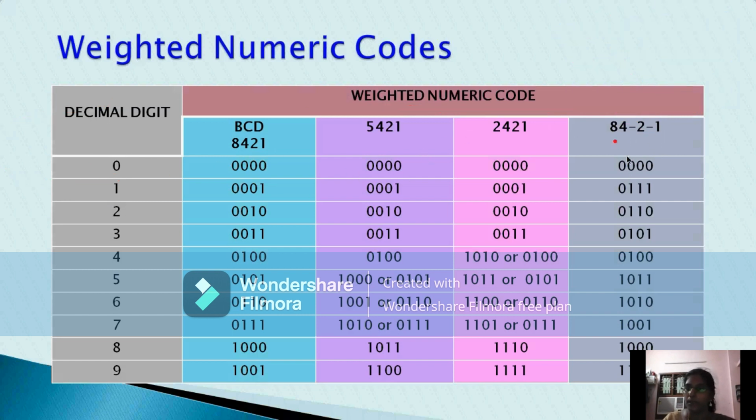So, in the place of 4, in the place of minus 2, in the place of minus 1, you are putting 3 ones. Remaining will be 0. Like that, you have to go through all this. Understood? This is what about weighted numeric codes. Every bit position is calculated based on some weight value. That is what weighted binary code.